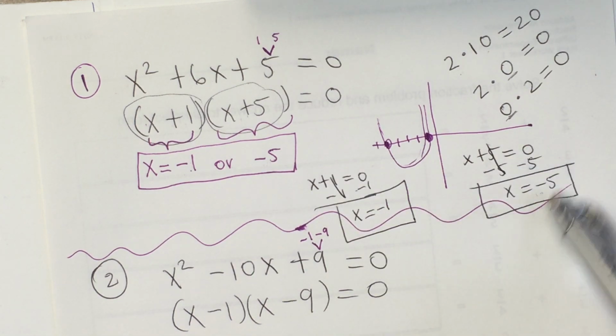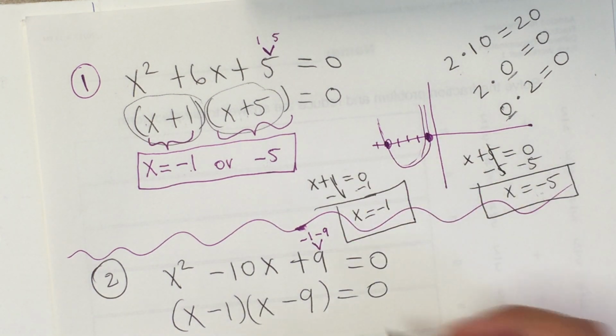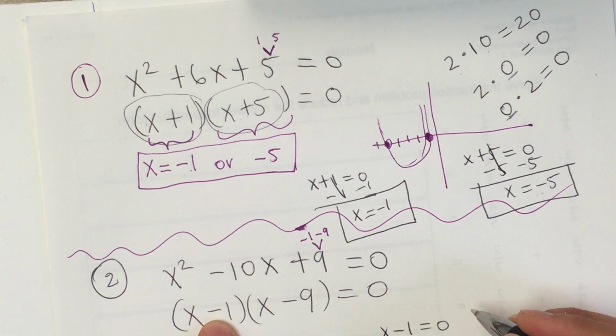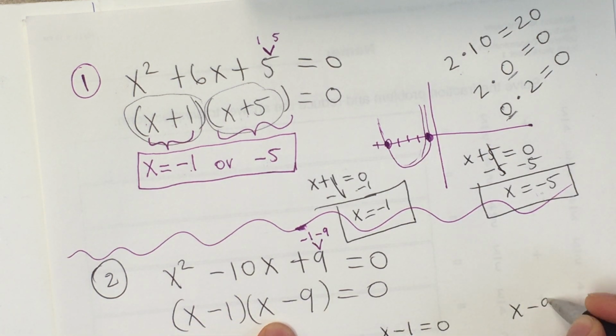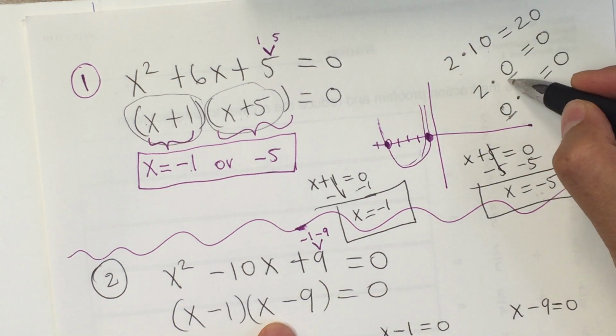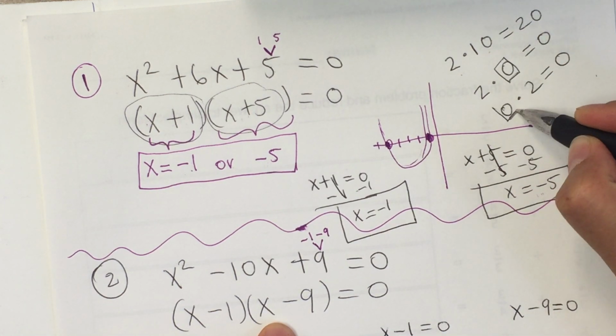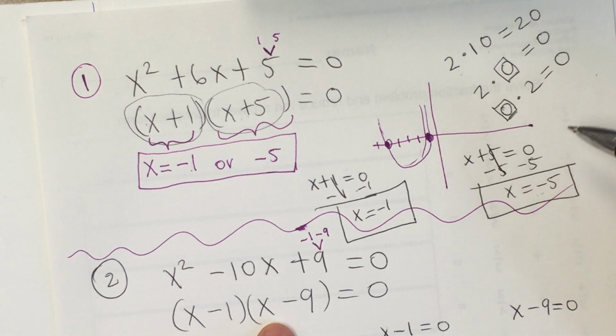If I were asking you to do this, which I'm not, again, you can do it just by getting the opposite. This is what you would do. X minus 1 is equal to 0. X minus 9 is equal to 0. By doing this, we're just making sure that one of the factors is equal to 0.